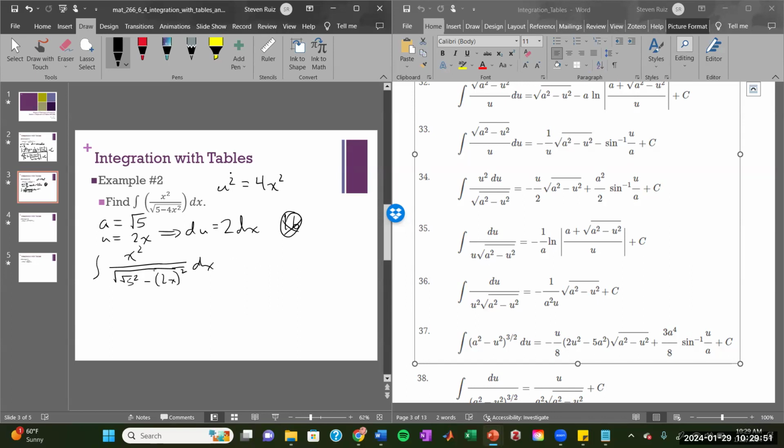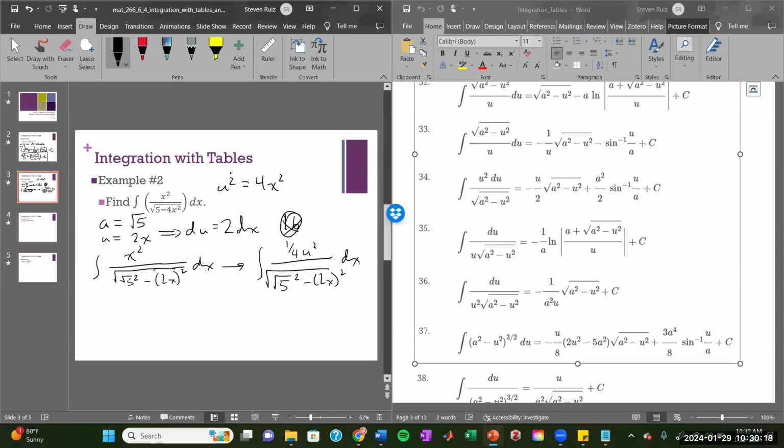Can I call the numerator now 1/4 of u squared? Yes. Okay, let's just leave it kind of clumsy for now. So I have 1/4 u squared over radical 5 squared minus 2x squared. All right, we still have the dx to worry about.